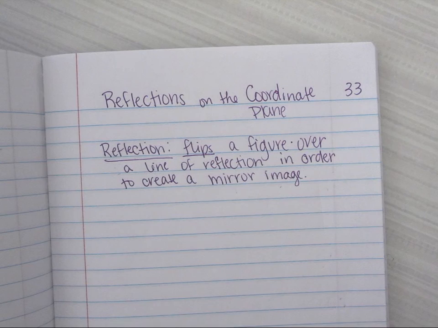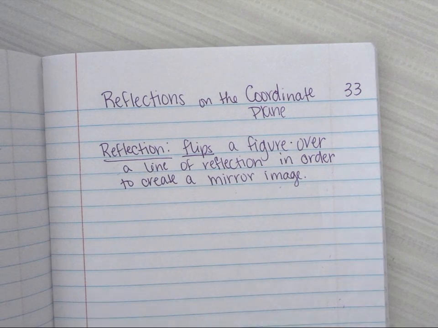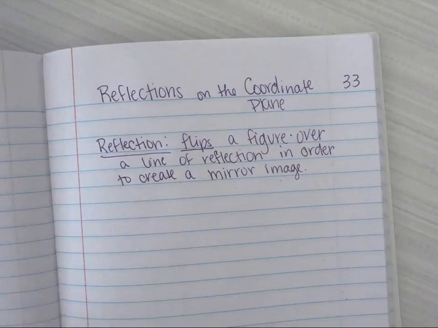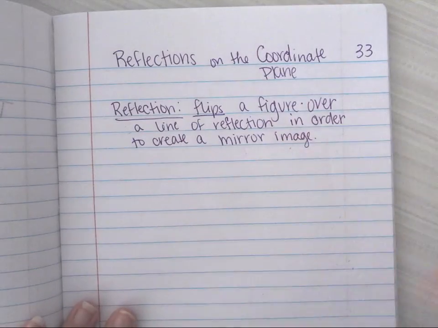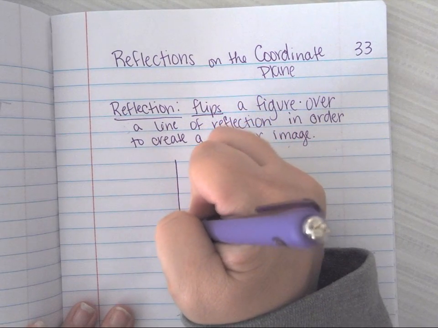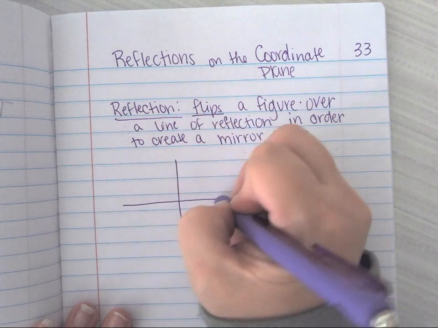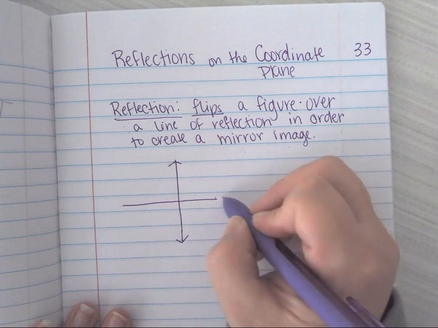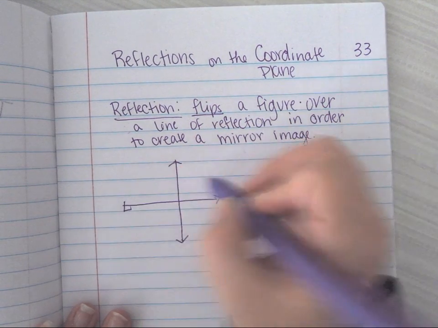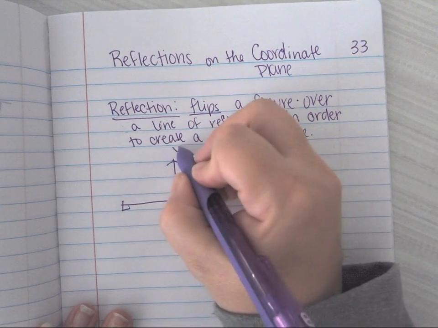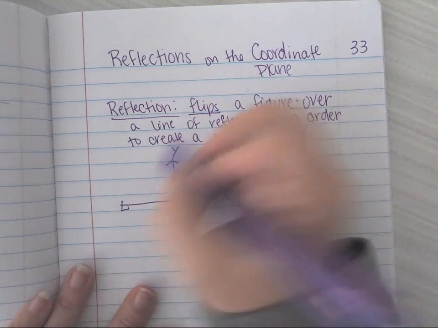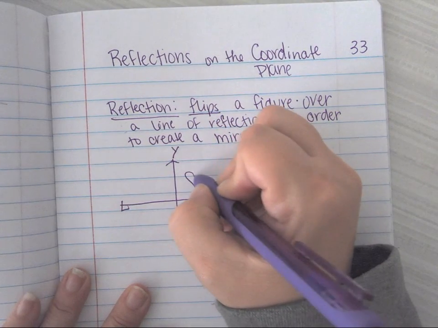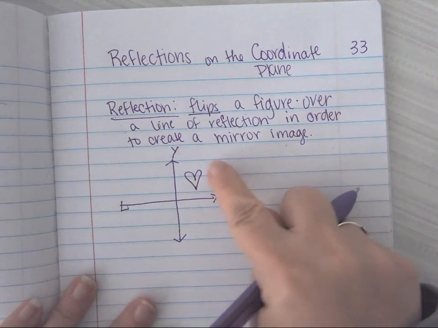Okay, it flips it over to create a mirror image. All right, so let's think about this. If I have an X and Y axis, my Y and my X. Let's say I have a heart, and it's in the first coordinate.